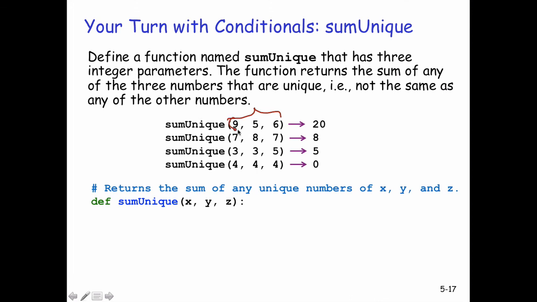So in this case, 9, 5, and 6 are all unique, so their sum is 20. But in this case, only 8 is unique, so it should be returned. Here, only 5 is unique, so it should be returned. Here, with all 4s, none of them is unique, and so the sum should be 0. And so that is the second function that you are asked to define.